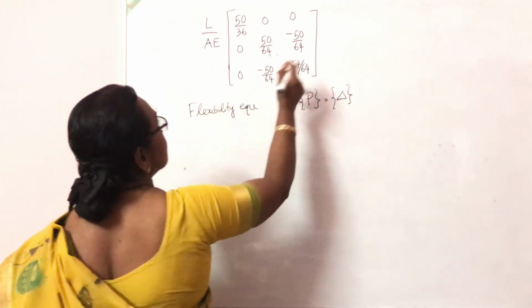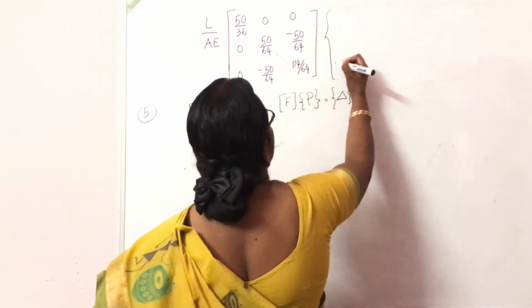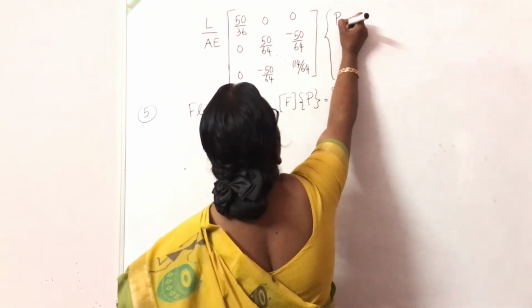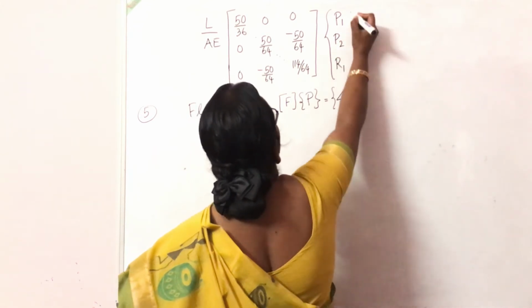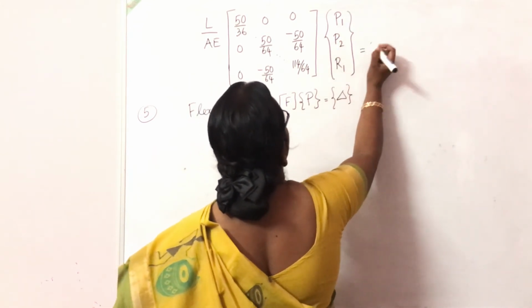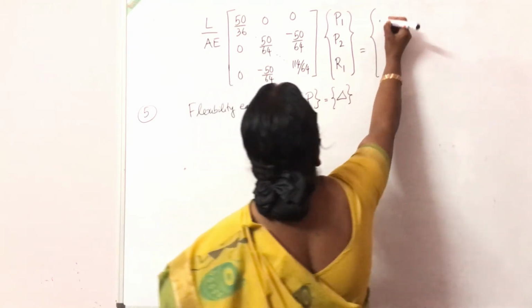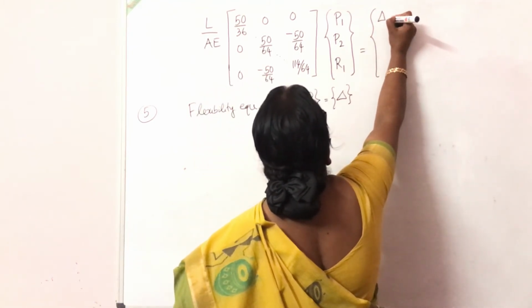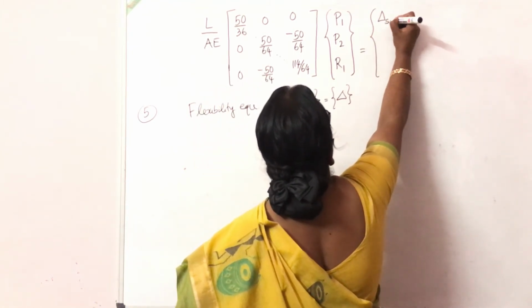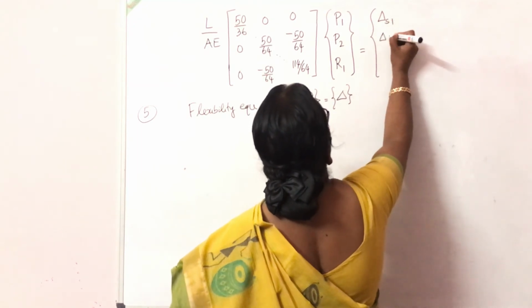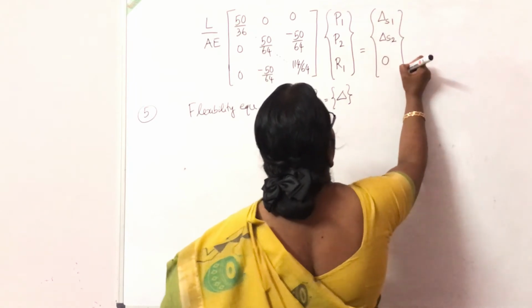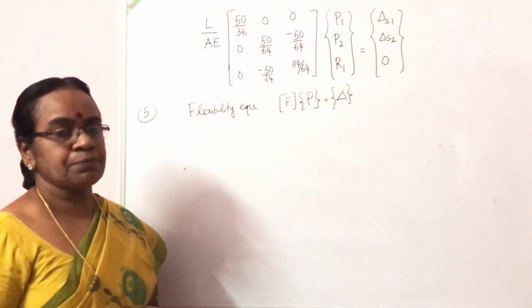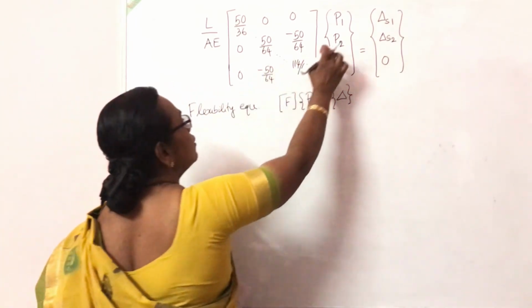This is F into P. P means P1, P2 and the third is R1. F into P is equal to delta, this is delta S1, delta S2, and this is 0. So F into P is equal to delta means corresponding forces.